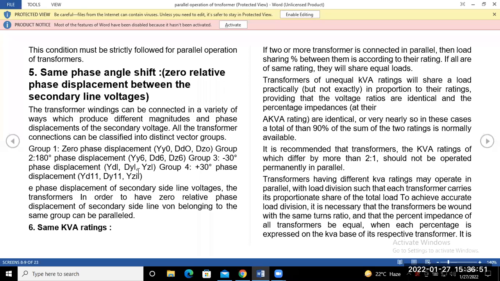So have you gone through the phasor diagram of the three-phase transformer?